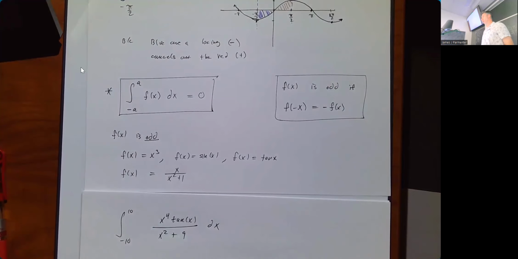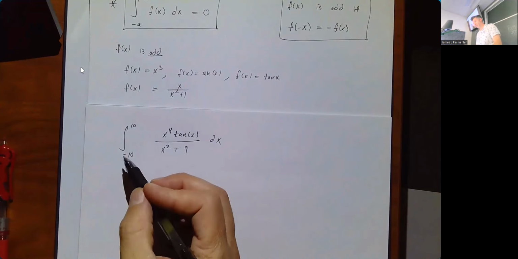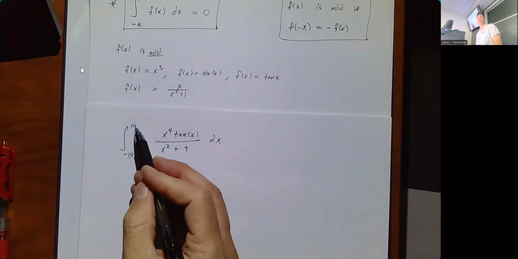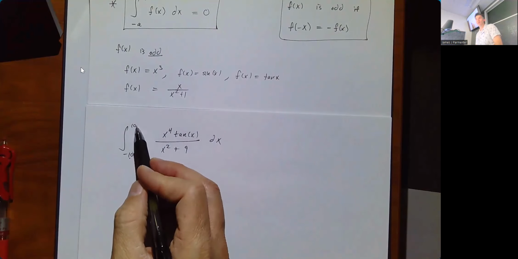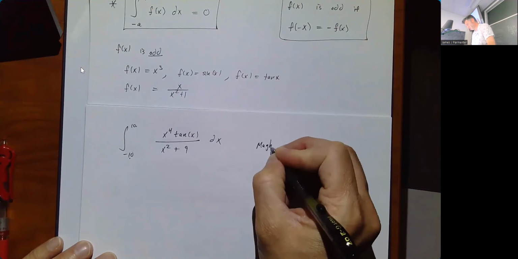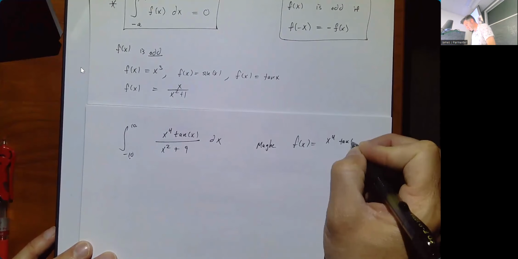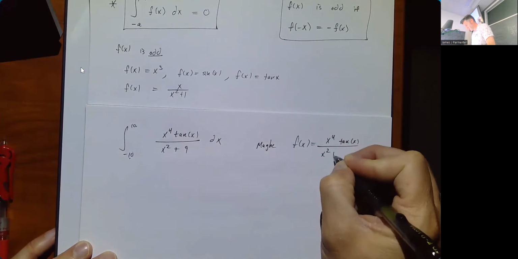There are a lot of functions that are just not integrable or antidifferentiable. What that really means is we should take the hint. The hint being that we're going from a negative number to the same corresponding positive number. So really we should think, oh, maybe the function that we're looking at is odd.